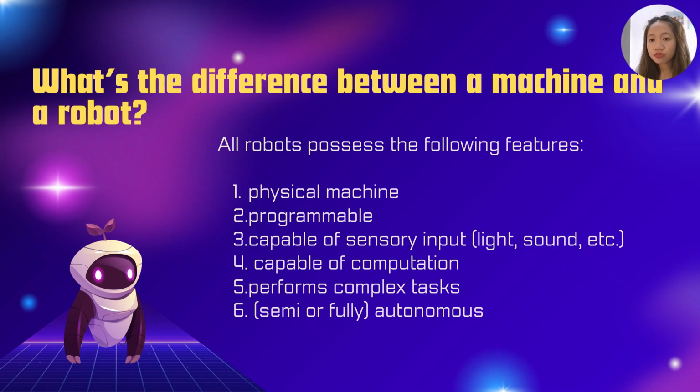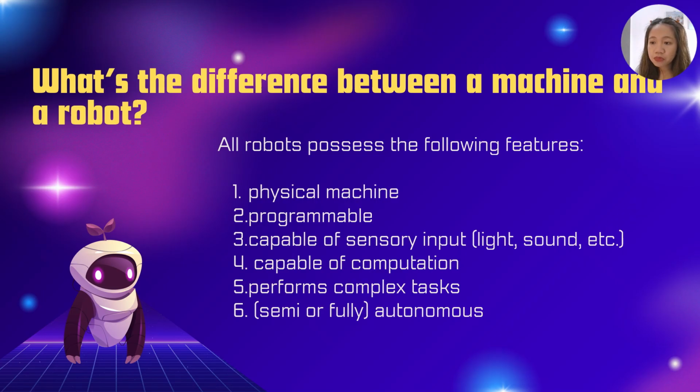Now take note of the words complex tasks. Opening and closing an item or a door is not considered a complex task. But if we say something is complex, you have to consider different conditions. There are options or a series of options in the tasks that the robot must perform. And number 6, it must be semi or fully autonomous, meaning independent, using its own software.